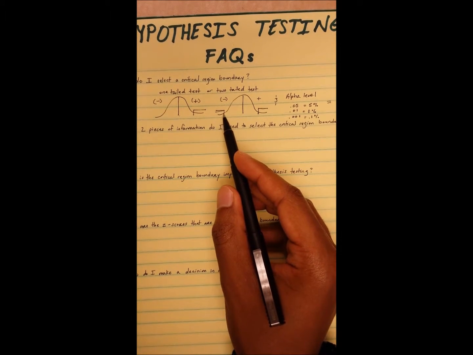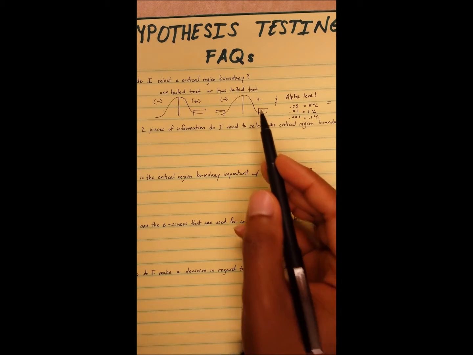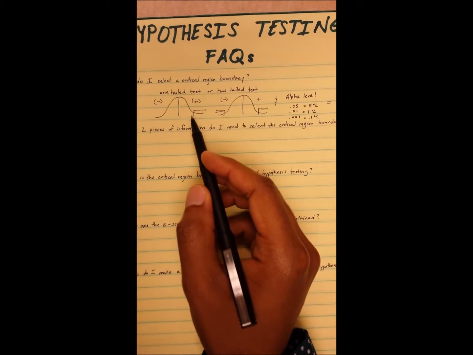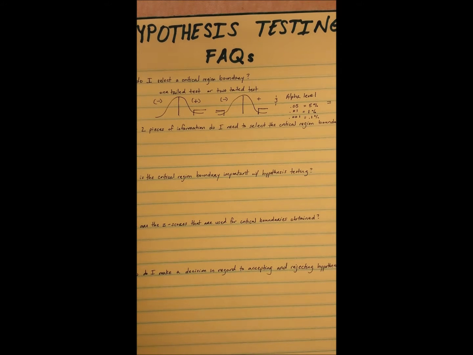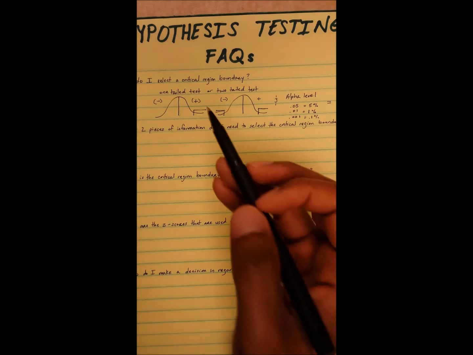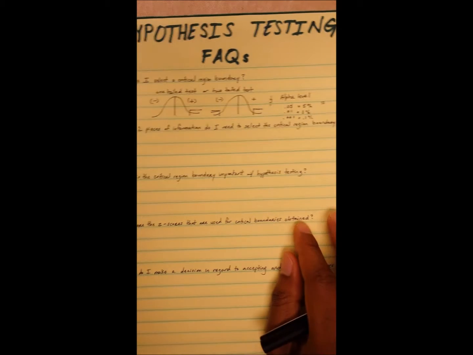It's going to be in one of the tails of the distribution or both of the tails, and you're not sure where it's going to go, or if you are pretty confident that it's going to be in one tail based on research literature that you've perused and processed and thought about deeply. But you're going to need to know one-tailed test or two-tailed test, okay? And that information will be given to you in the problem.